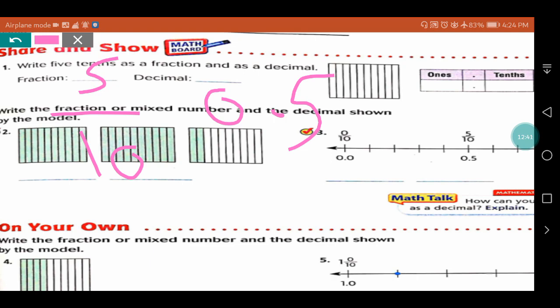You can represent 5 tenths with this model, like this, and we can write it 0.5, okay. This is the first question.